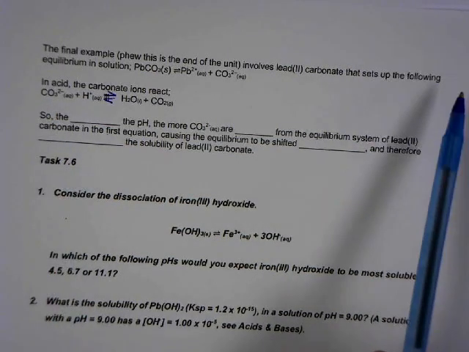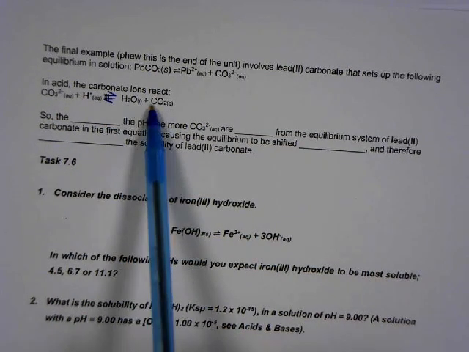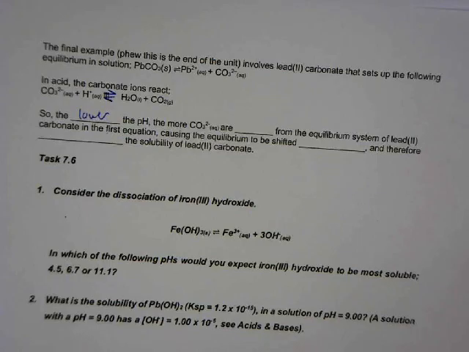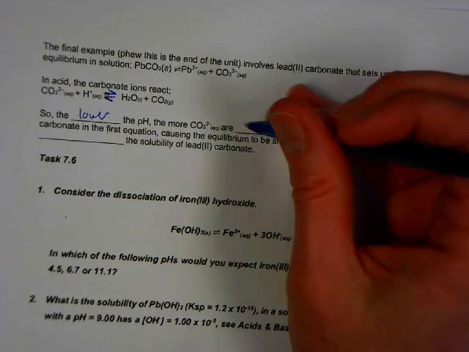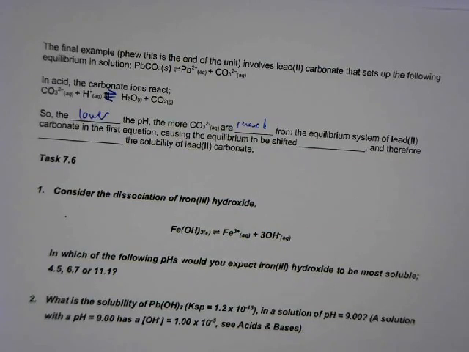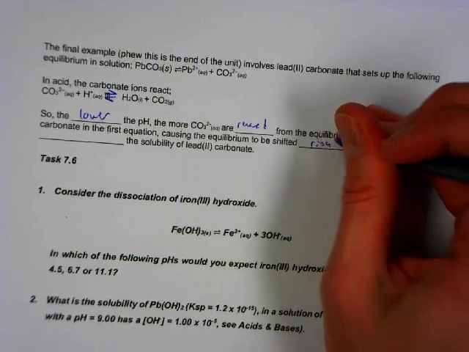What is that odd symbol? I don't know why that's there. I think that's supposed to be equilibrium. I think Word did something weird there. So if I add H+ to it, the H+ is connecting to my CO3 2-, and that's going to make water and CO2.